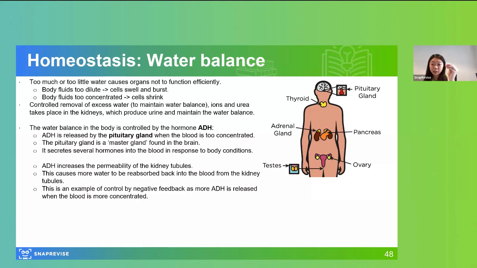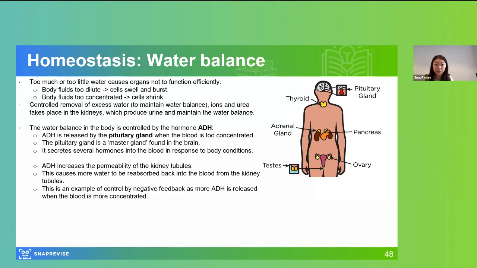So when there's ADH released, tubules become more permeable. More permeable, more water goes into these tubules and into the blood. Once water has entered the blood, there's going to be less water left outside of blood to release when you go to the bathroom, in the urine.